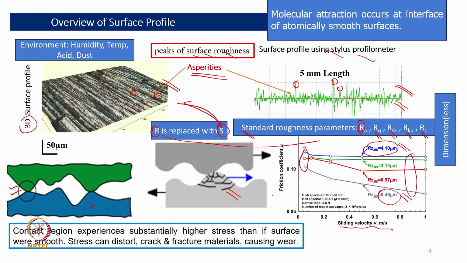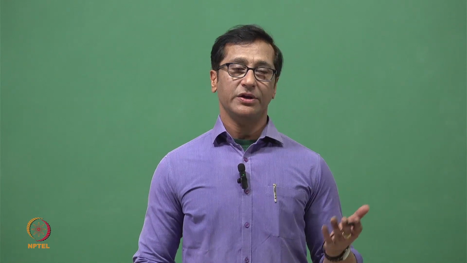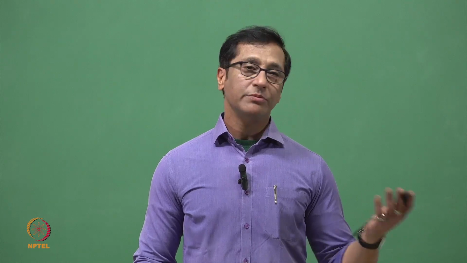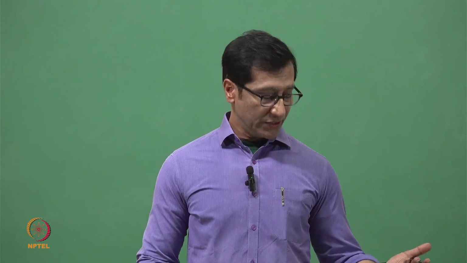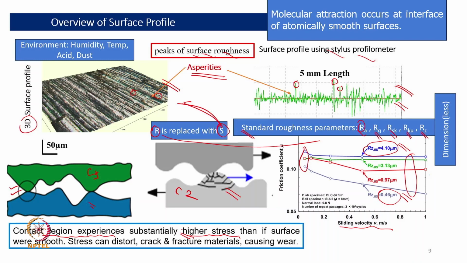Whenever the contact regions of the two surfaces are examined, it will create a high stress. That's what we showed on the previous slide: almost 5 to 6 times the nominal stress level, which is higher than if the surface were smooth.